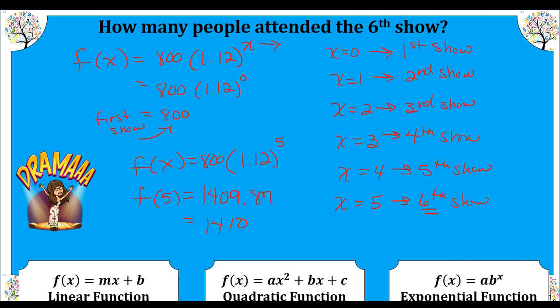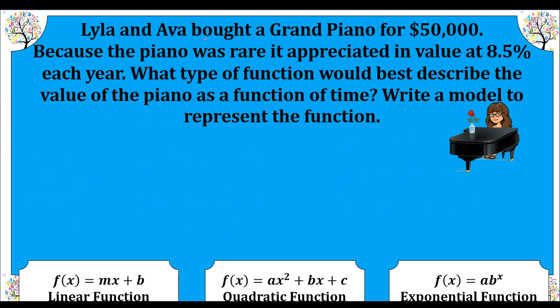Lila and Ava bought a grand piano for $50,000 because the piano was rare. It appreciated in value at 8.5% each year. What type of function? Since again, we are having a rate, a percentage of increase, this is going to be exponential. So we have an A value.